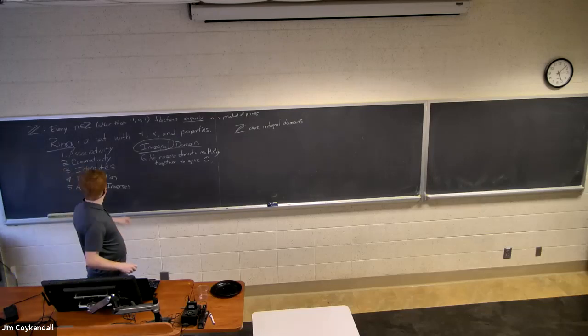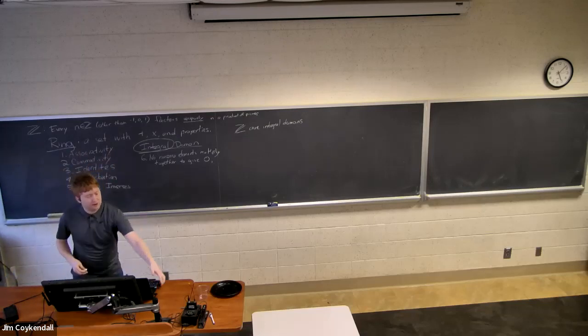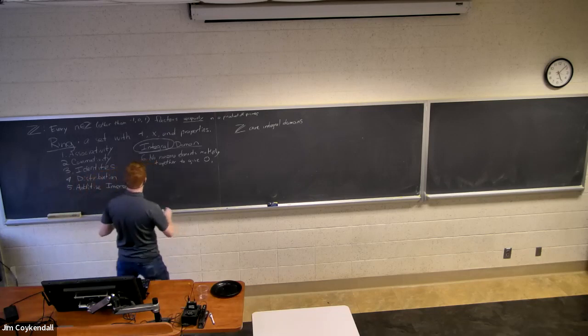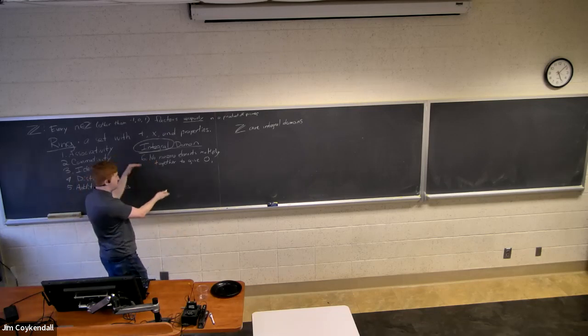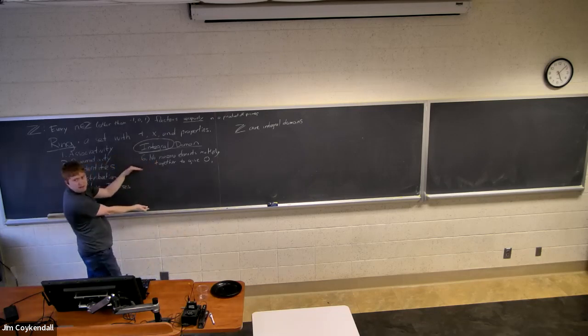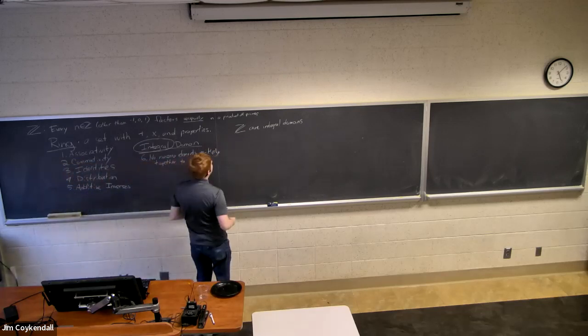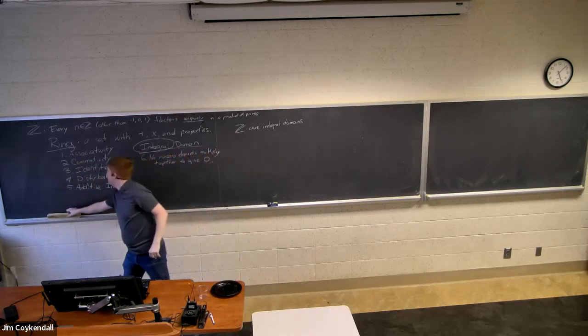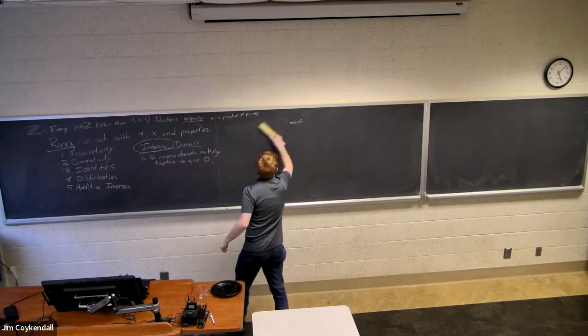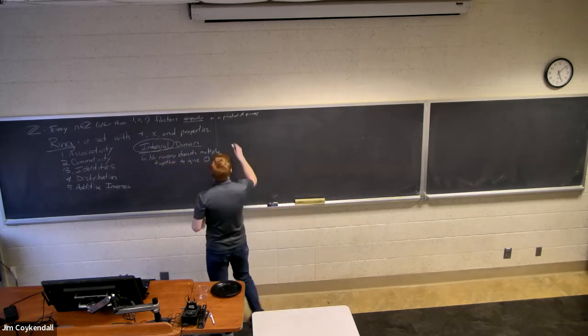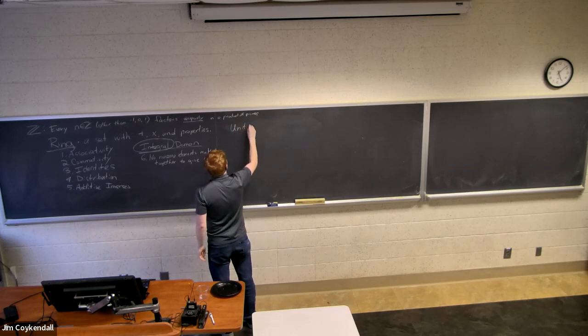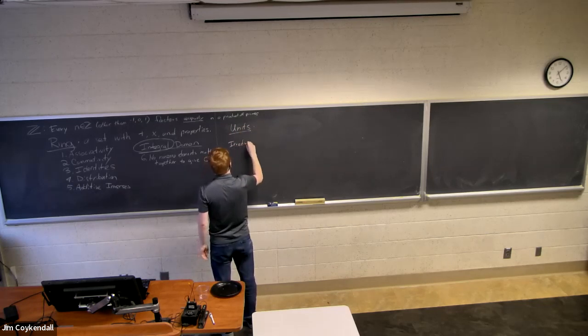I guess a couple other definitions that I want to put up here real quick are, can everyone see if I write in this space? Probably not. I'll move it over here. So a couple other things are units and irreducibles.